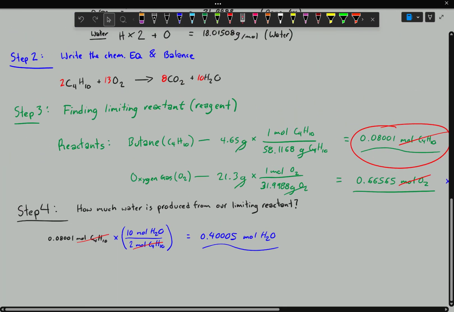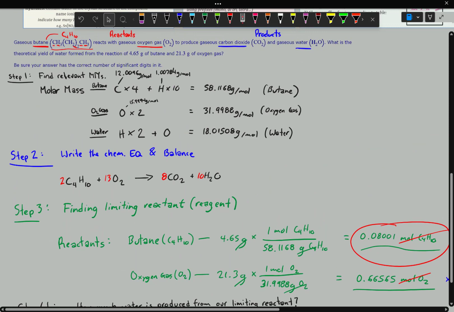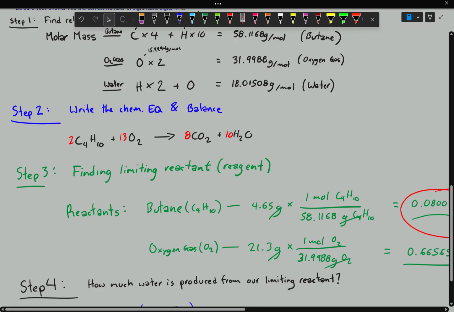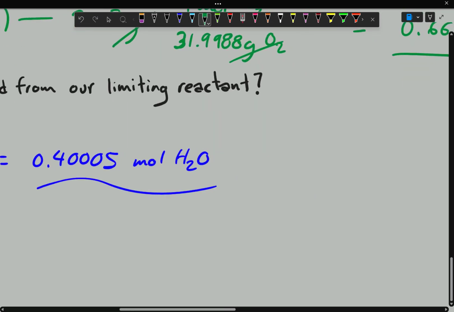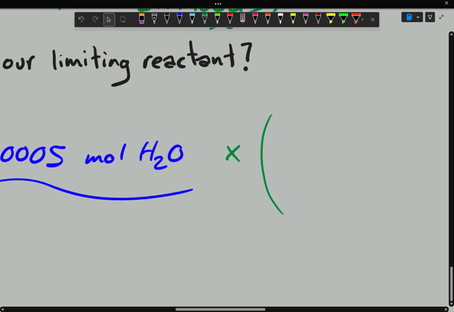Now, that gives us how many moles of our product is formed, but we want the theoretical yield of water, which is going to be in grams. So all that means is that we need to multiply this by the molar mass, right?